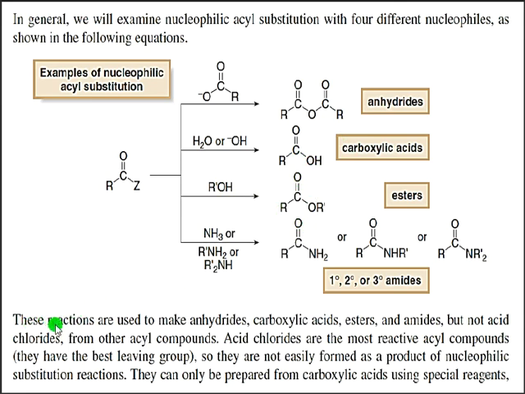Then these reactions are used to make anhydride, carboxylic acid, ester, and amide, but not acid chloride from other acyl compounds. Acid chlorides are the most reactive acyl compounds. They have the best leaving group, the halogen, so they are not easily formed as a product of the nucleophilic substitution reaction.